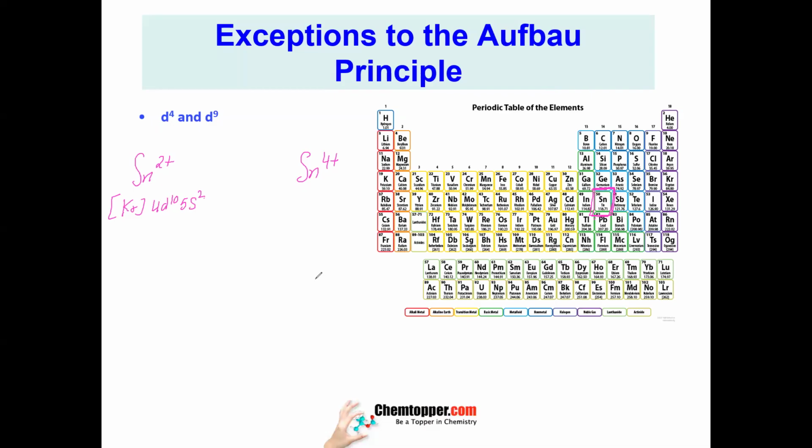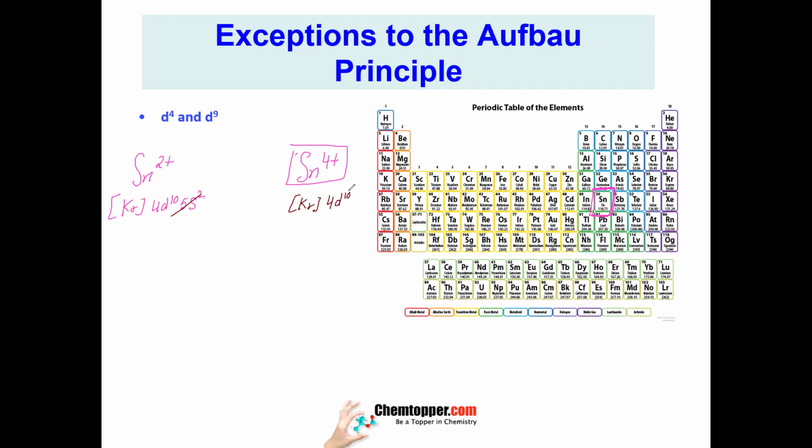Shreya, Bhavya, Shreya H. And Bhavya is giving me 4 plus also. And what is tin 4 plus? Arnav, tin 4 plus? Bhavya has already answered it. Remove this also, and it will become krypton 4d10.